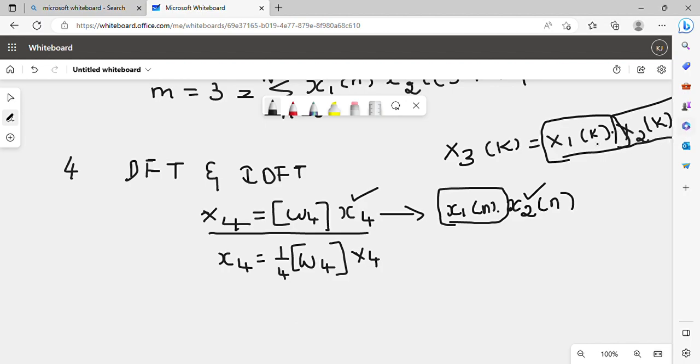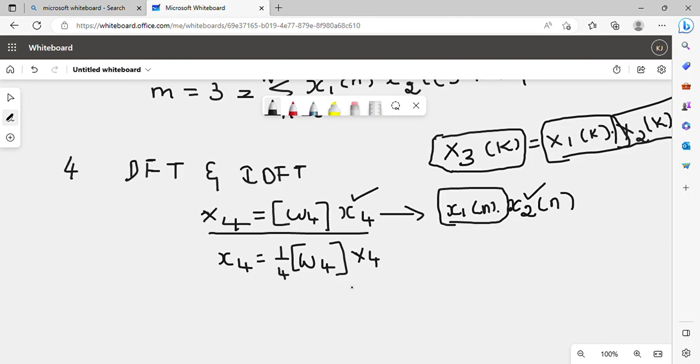Whatever resultants you get for x1 of k and x2 of k, you multiply to get x3 of k. So this is what you do in the DFT method: find x1 of k and x2 of k for the given sequences, then get the resultant x3 of k, the multiplication of x1 of k and x2 of k, right?